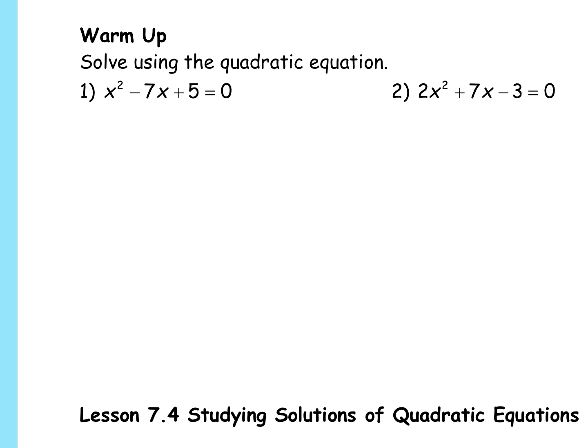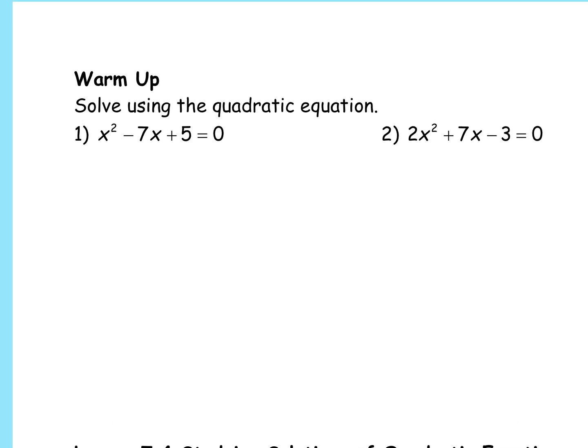Right, none of these factor, so we just have to use the quadratic formula on all of them, which remember says x equals minus b plus or minus the square root of b squared minus 4ac, all divisible by 2a.